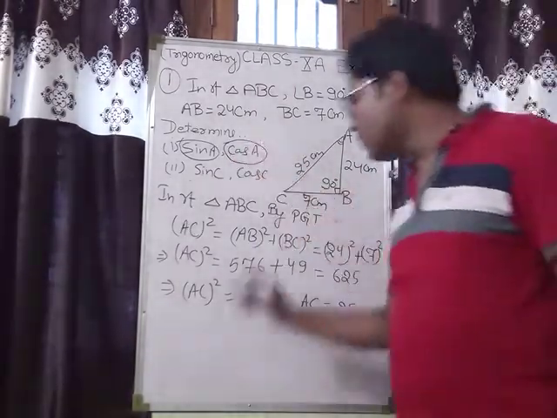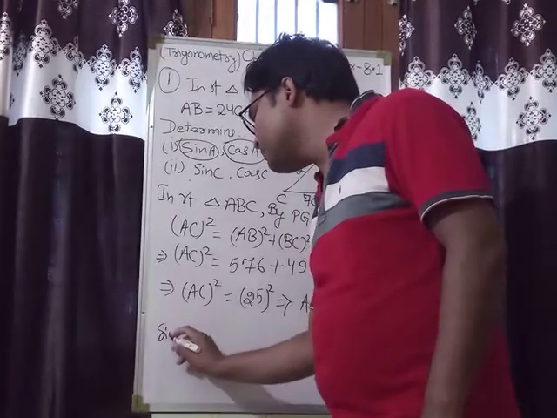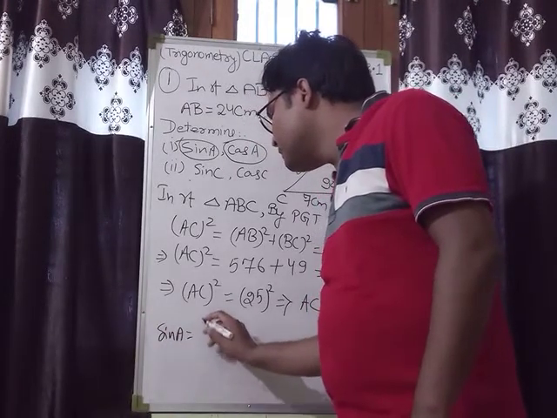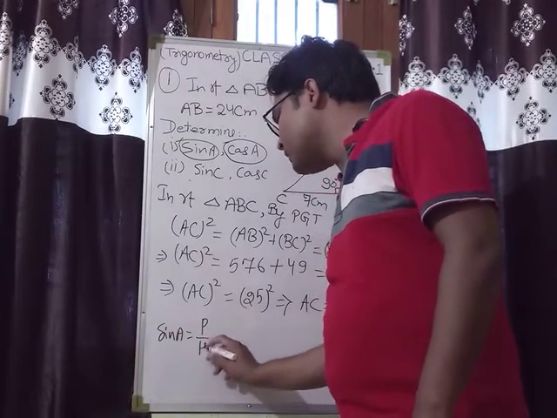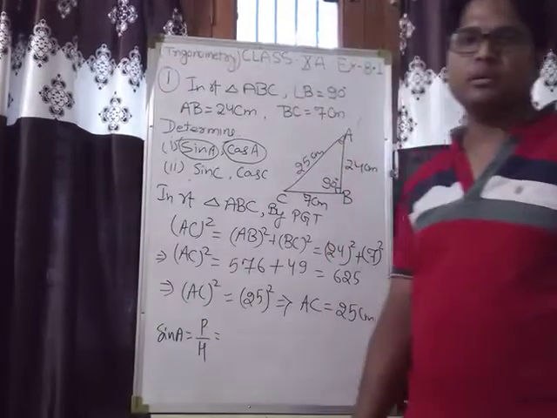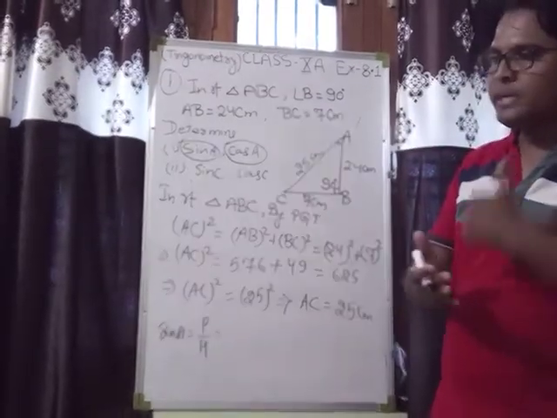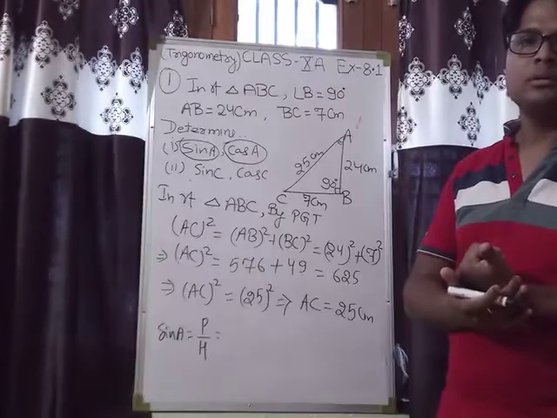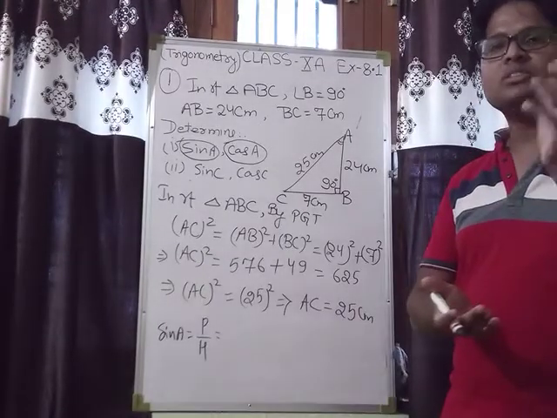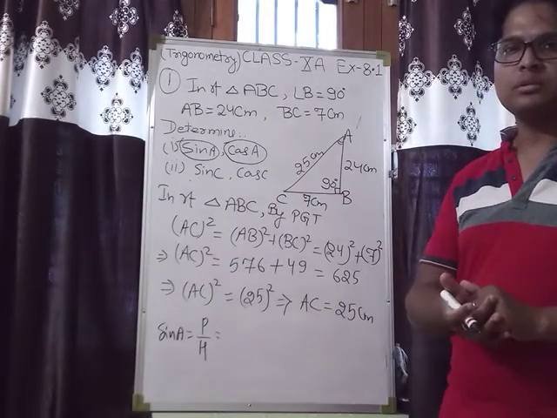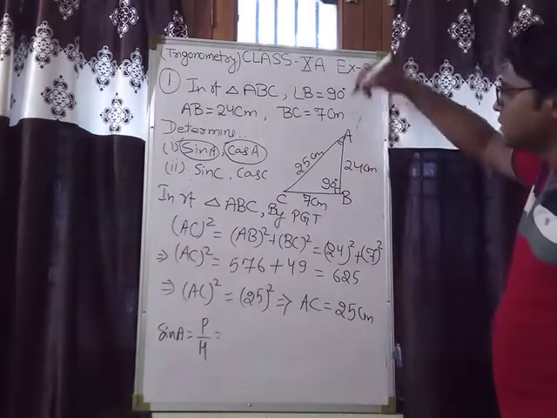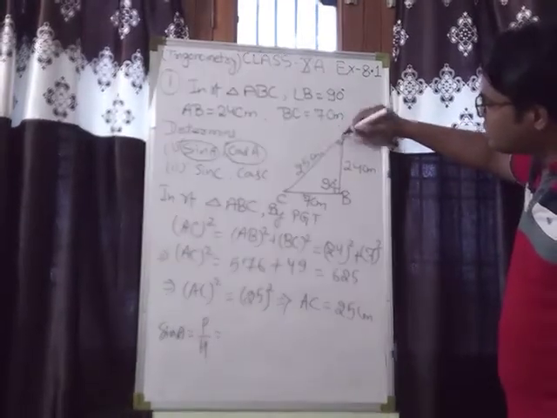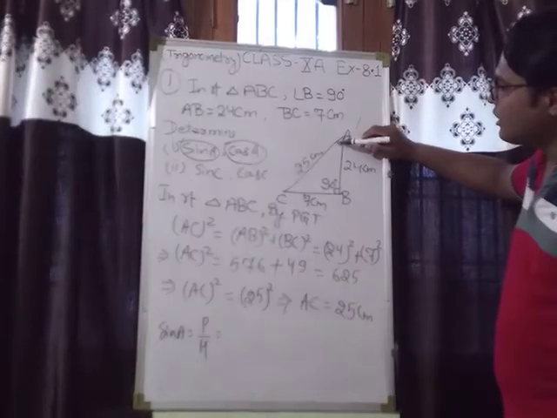So we want to find out sin A, then sin A is perpendicular by hypotenuse. And perpendicular and base are decided by the angle asked by the question. In this question, we want to find out sin A. So we are talking about this angle.